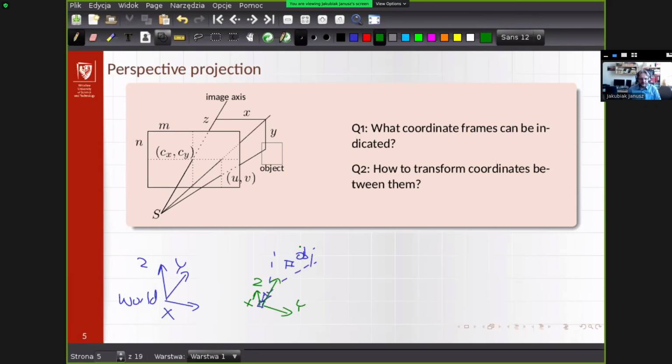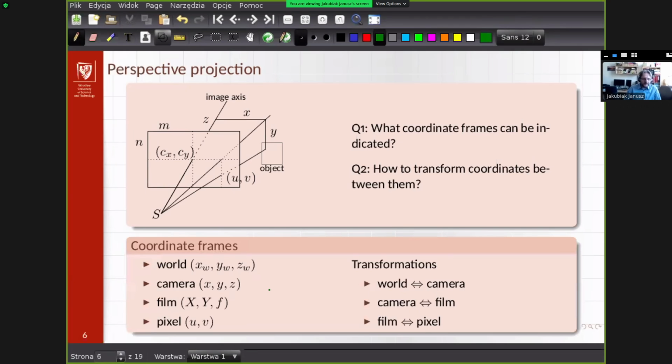We can shift both the object and the camera around, rotate them, and the image of the object on the camera may remain the same in this local coordinate system of the camera.